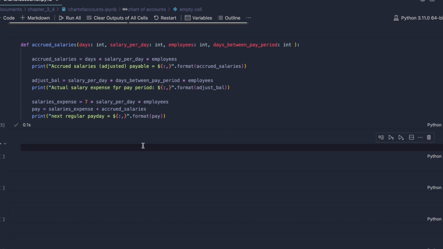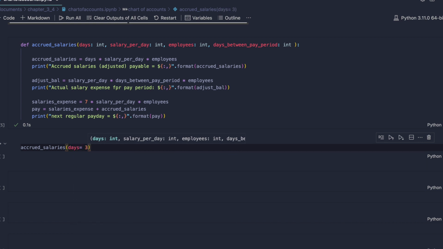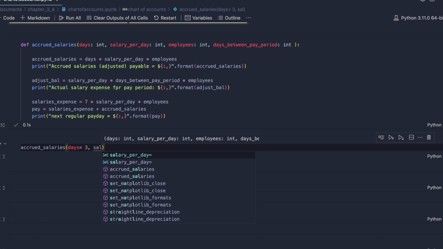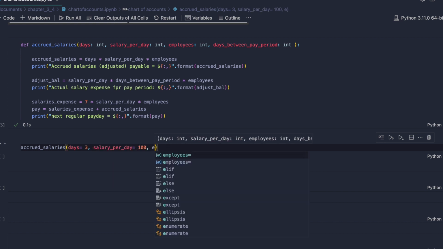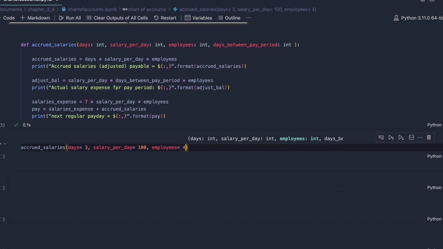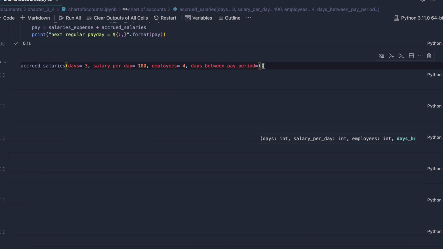Let's run our code. Days, we want 3 days. Salaries per day is 100. Employees, 4. Days between the pay period, that's 13.